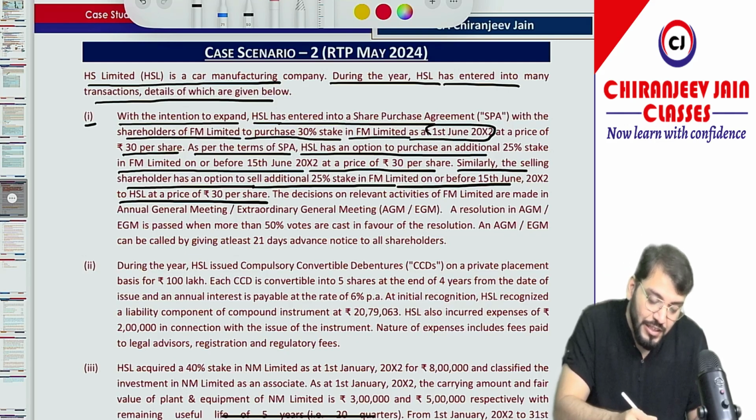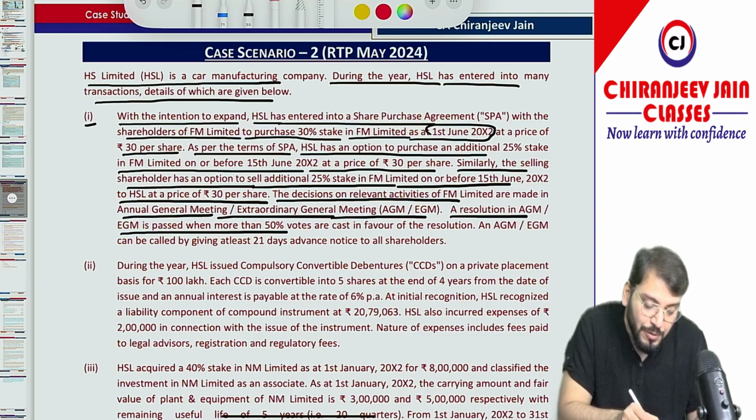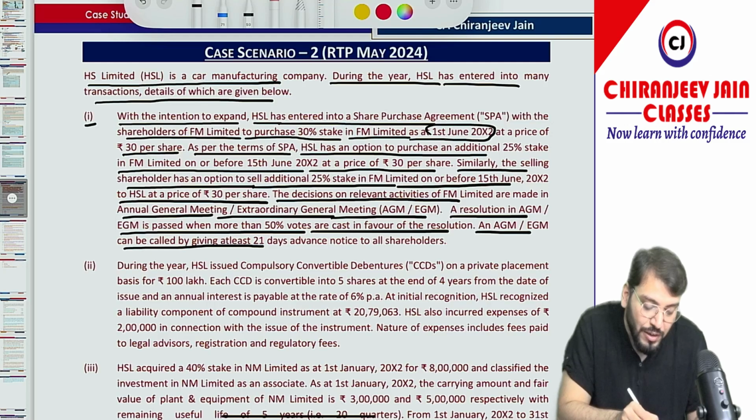Correct? Yes, sir. The decisions on relevant activities of FM Limited are made in an annual general meeting or extraordinary general meeting. A resolution in an AGM or EGM is passed when more than 50% of votes are cast in favor of the resolution. An AGM or EGM can be called by giving at least 21 days advance notice to all the shareholders.